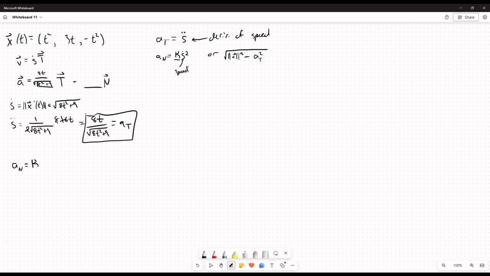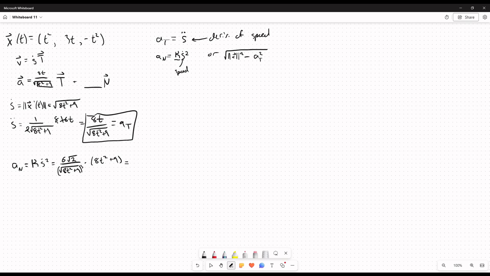So the normal component is going to be equal to the curvature times the speed squared. In our case, the curvature was 6 square root of 2 over the square root of 8t squared plus 9, times, and then our speed squared is just going to be 8t squared plus 9 with no square root. I lied about that being the curvature. This is actually to the third power, or 8t squared plus 9 to the 3 halves.